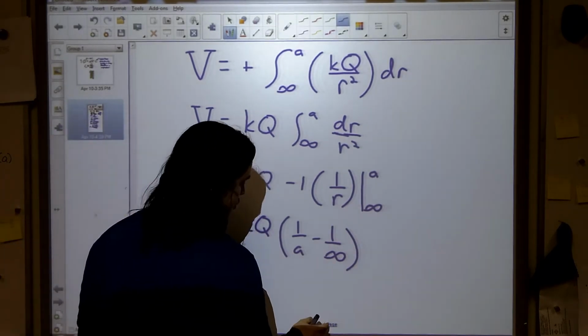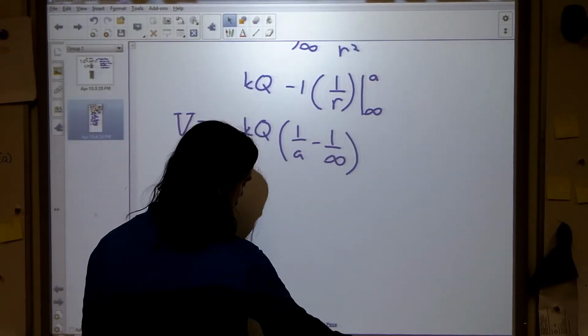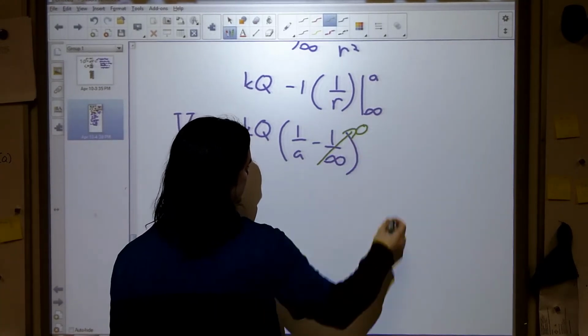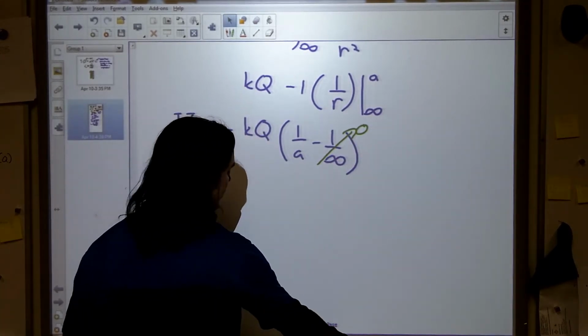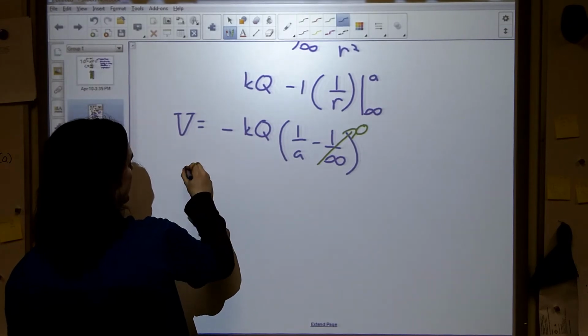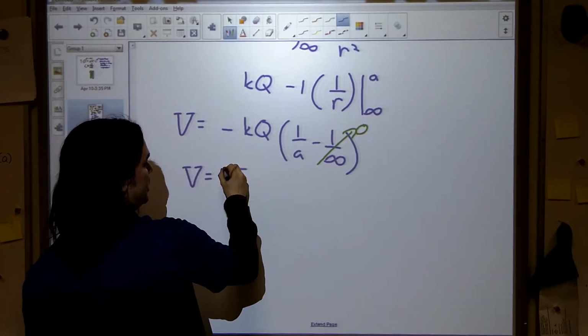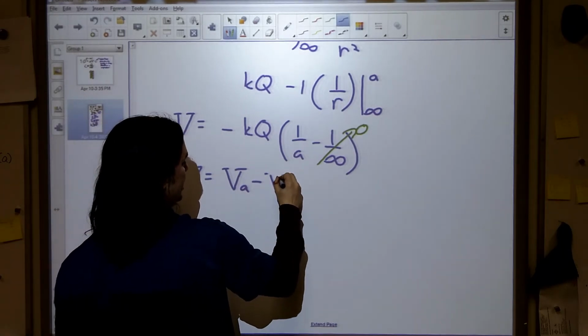This will be equal to my potential. The limit of 1 over infinity approaches 0, and even if it didn't, what I'm actually saying here is that the potential here is going to be VA minus V infinity.